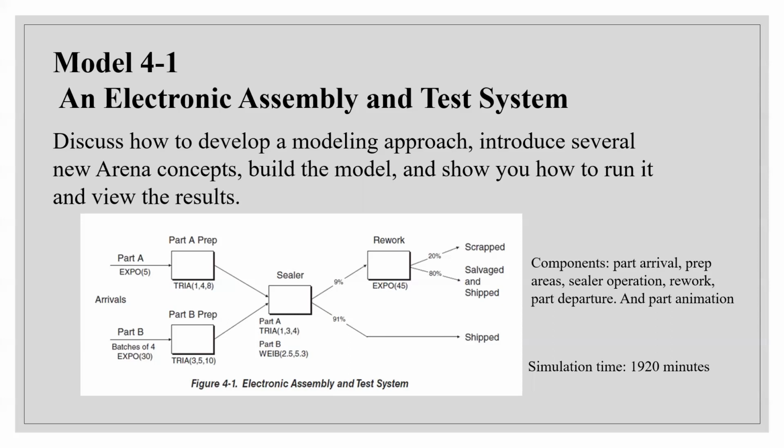The remaining parts are transferred into the rework area, where they are disassembled, repaired, cleaned, assembled, and retested. 80% of parts processed at the rework area are salvaged and transferred to the shipping department as reworked parts, and the rest are transferred to the scrap area.